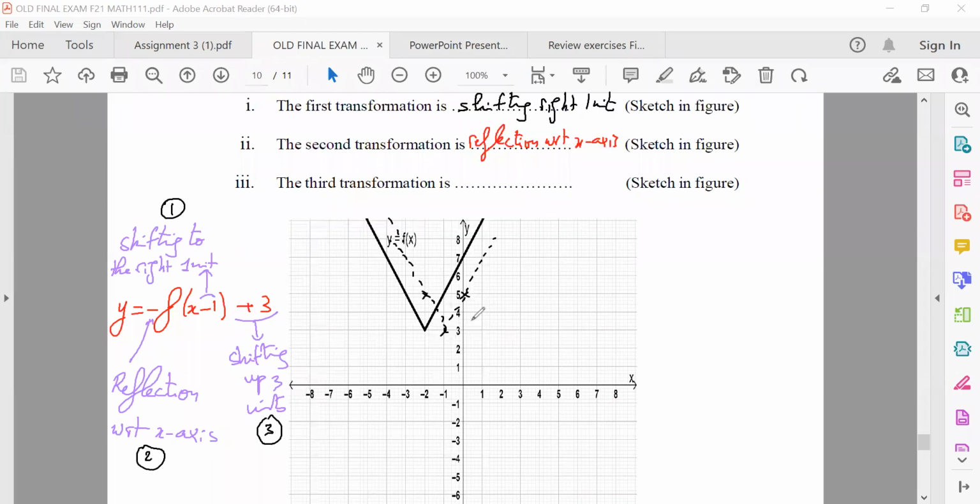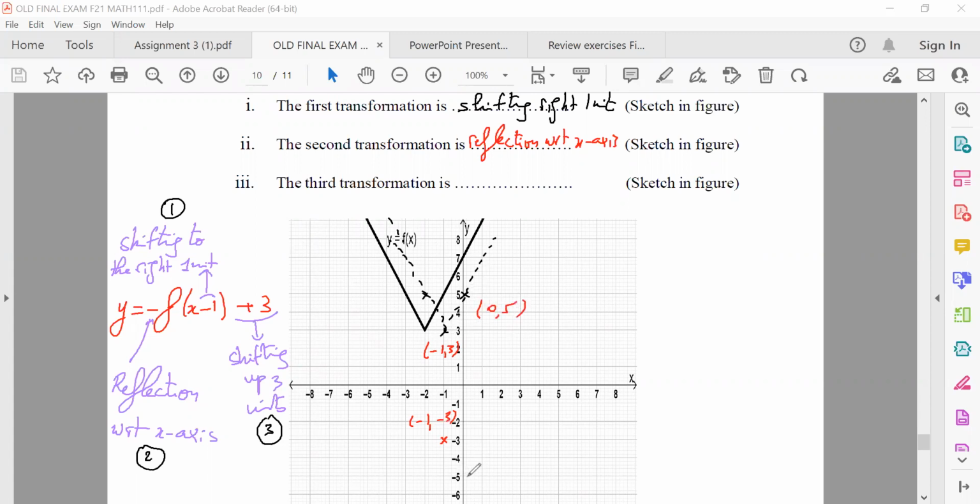Let's move the plane. So reflection, this point is -1, 3. When you do reflection with respect to the x-axis, you will get -1, -3. This point is 0, 5.